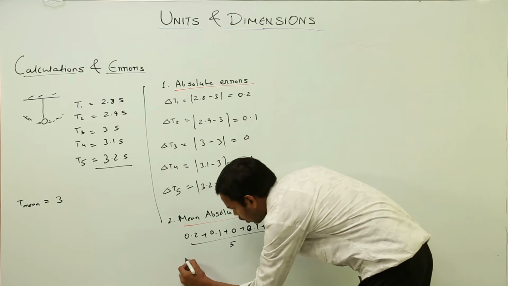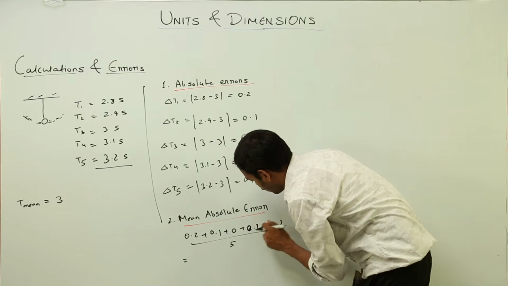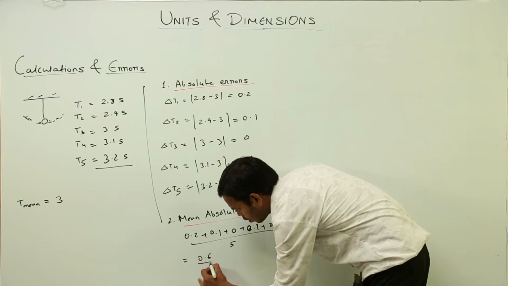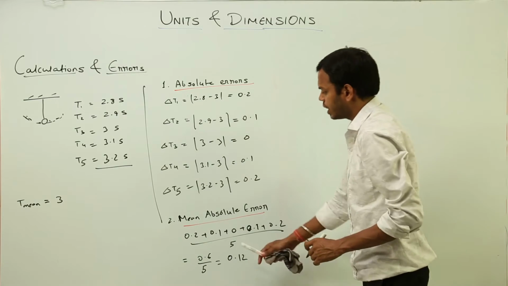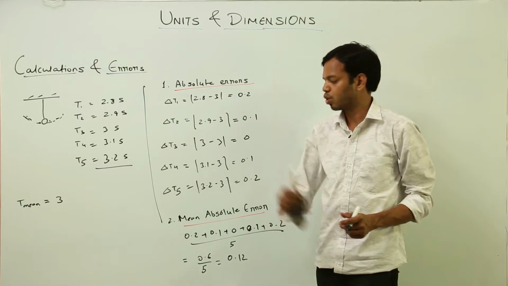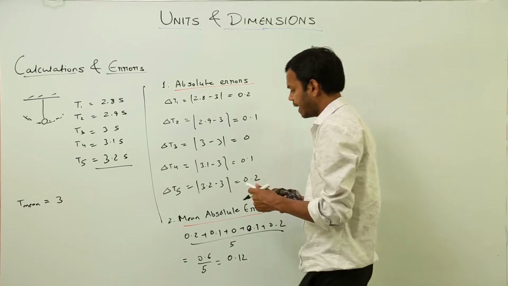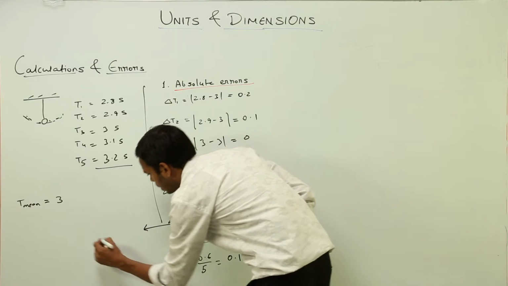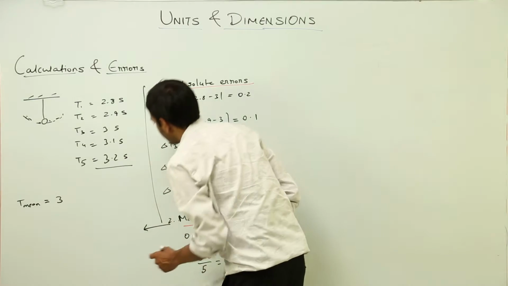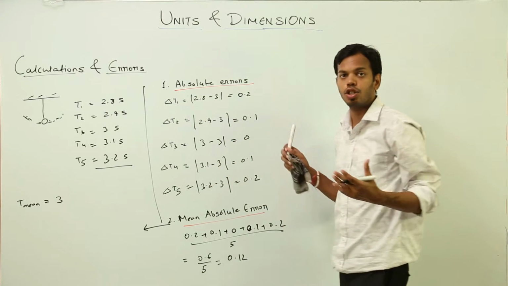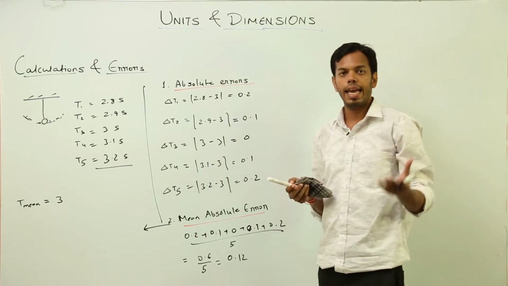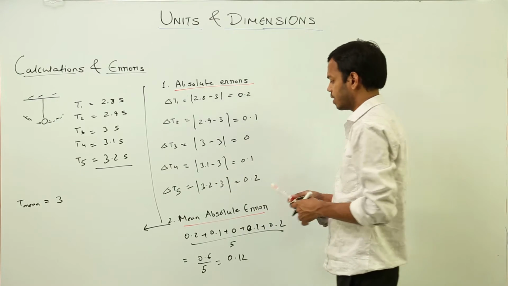So we get 0.6 over 5, which is equal to 0.12. So this is the mean absolute error. The formula of mean absolute error is delta T1 plus delta T2 plus delta T3 and so on, divided by n, where n is the number of observations.